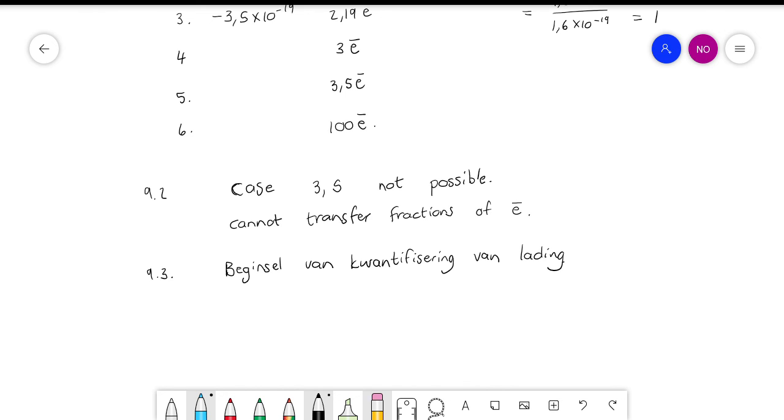Okay. Why? Because a fraction of an electron can't be transferred. So whether something has a positive charge or a negative charge, in the case of a positive charge, it has lost a whole number of electrons, and in the case of a negative charge, it has gained a whole number of electrons. Jy kan nie 'n gedeelte van 'n elektron bykry of verloor nie.